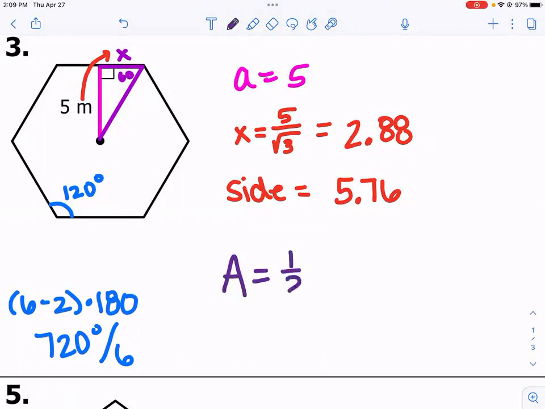So 1/2 times the apothem times the perimeter. You asked for it. I'll do it.